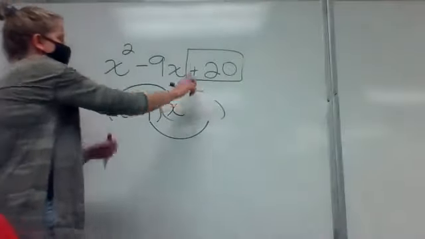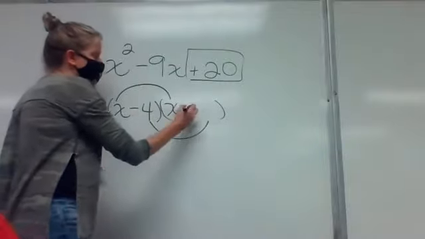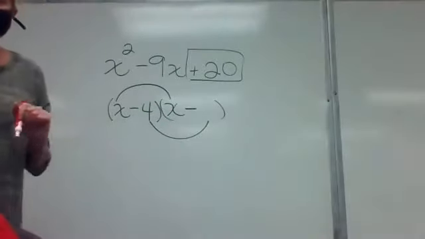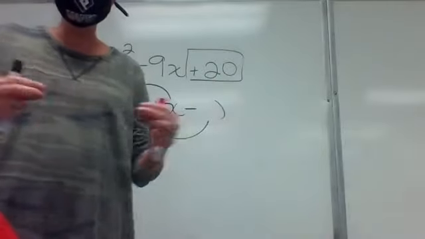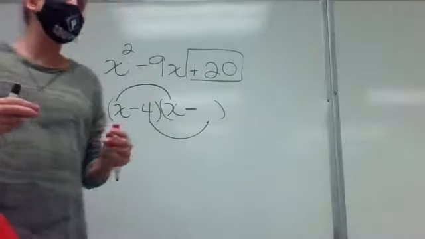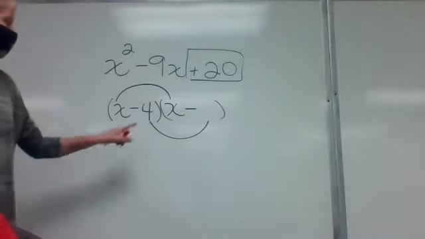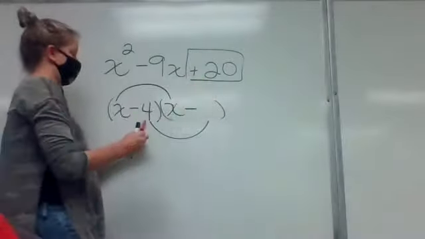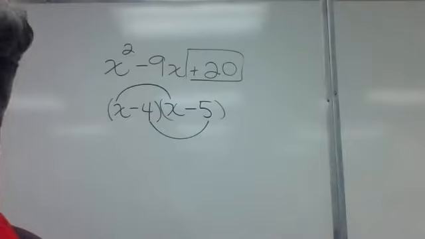What are you going to need to get a positive 20 by multiplication? If you've already got a negative, you're going to need another negative, aren't you? Because if you've got one negative and you're going to multiply it in order to end up positive, you're going to need a negative times a negative. And what am I trying to equal? 20. So I need negative 4 times negative 5.